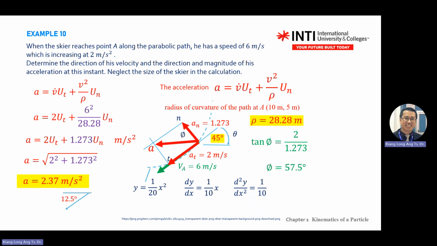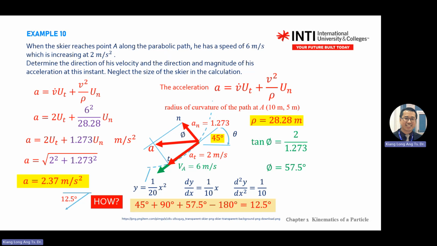Then this 57.5, right? But the real answer from the horizontal, you get 12.5. You go home and think how to get 12.5. There's an equation here.